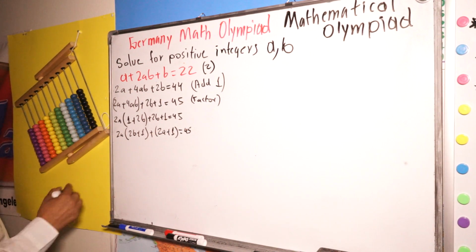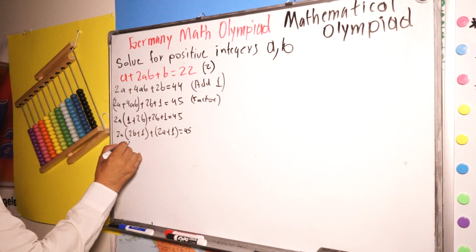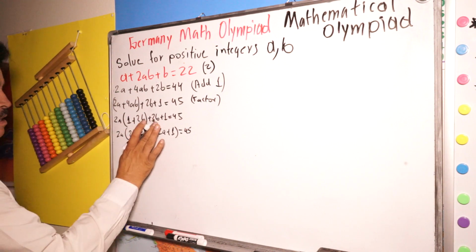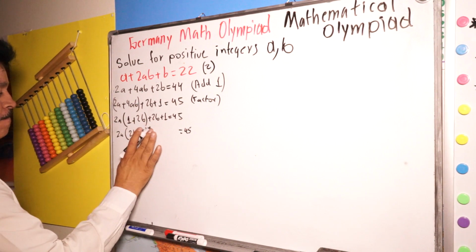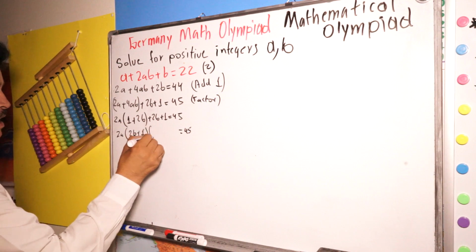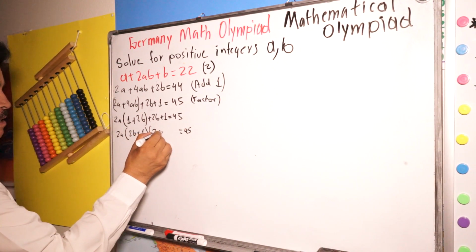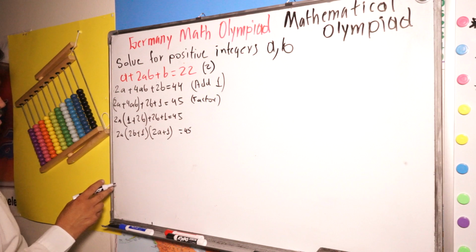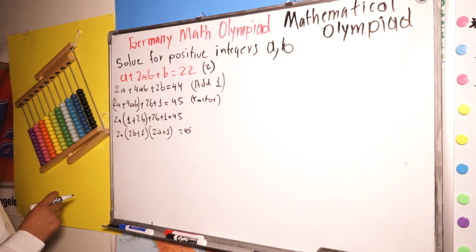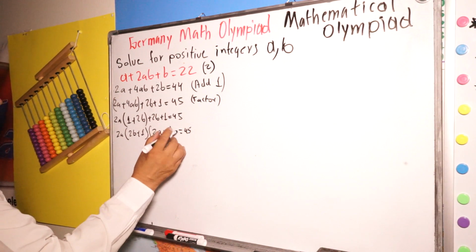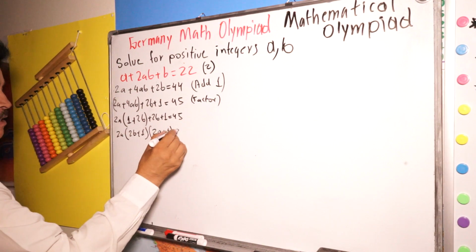So you're going to have 2b times 2a plus 1, plus 1. You factor here. It says equals 45.